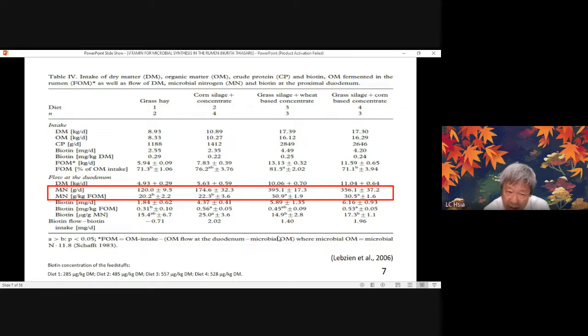Maybe this is a key point. Okay, I will check again, Professor. You know the biotin supply in the treatment 1 and 2 both is about 2.55 and 2.35. So we better try to understand this.